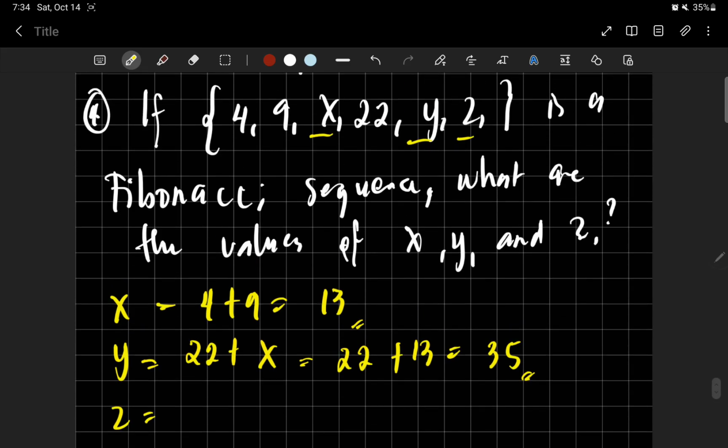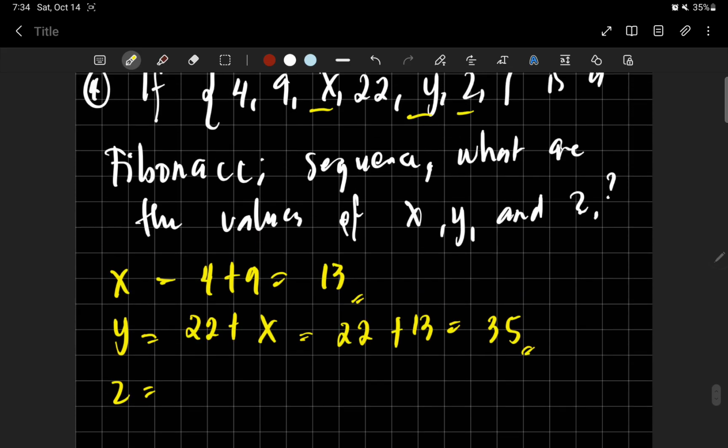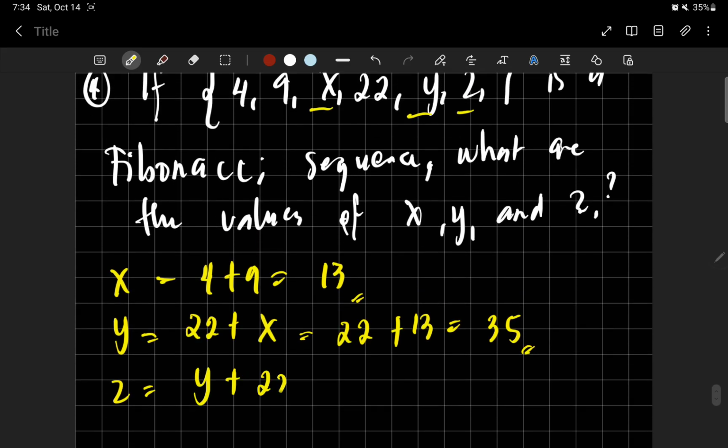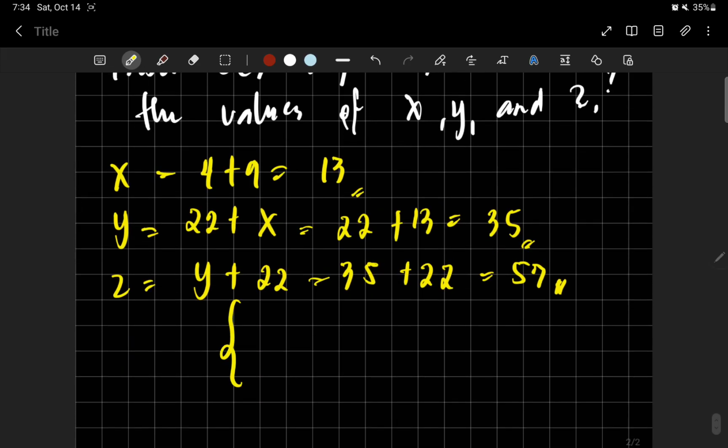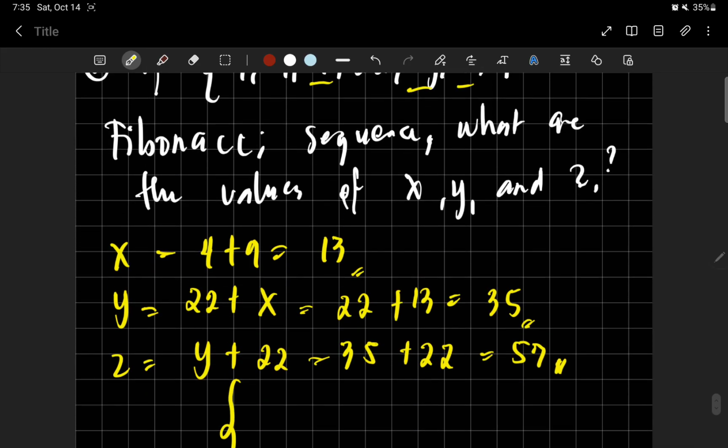And z is equal to y plus 22. And our y is 35. So 35 plus 22 is equal to 57. Therefore, our values of x, y, and z are 13, 35, and 57.